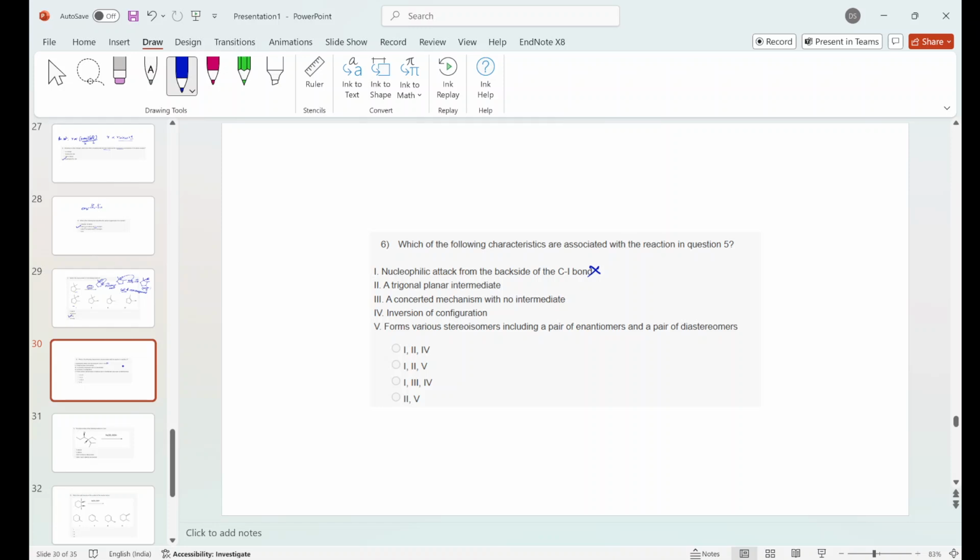Trigonal planar intermediate, yes, this is right. Uncharted mechanism with no intermediate, no, this is wrong. Inversion of configuration, yeah, that can be possible because in SN1 you have a mixture and it forms various stereoisomers, including a pair of enantiomers and a pair of diastereomers.